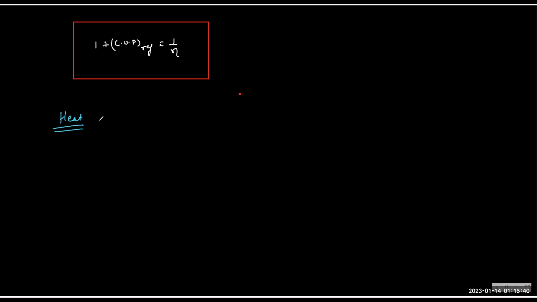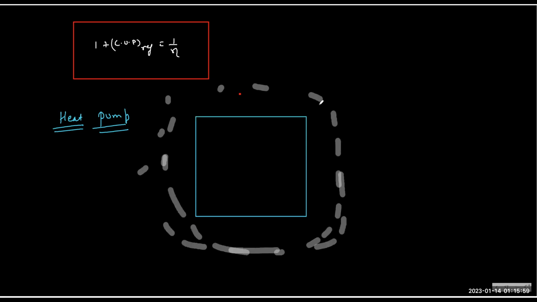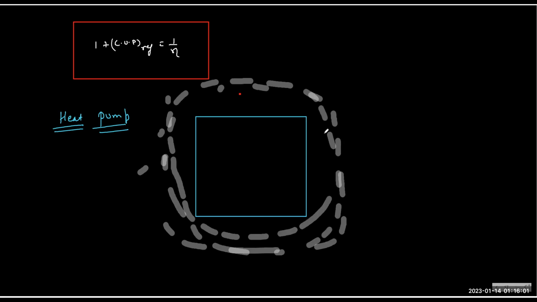It's the reverse of an AC, you can think of. So here we do the reverse process. The building is here, and the outside is really cold, almost frozen. But still, this heat pump is taking energy from where?